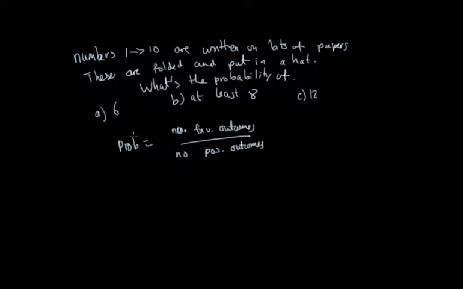So for this one, I'll write P of a 6. There's going to be 10 bits of paper, and only one of those is going to have a 6 on it. So there's only one favourable outcome out of 10 possible outcomes. So the probability is a 10th. That's it.